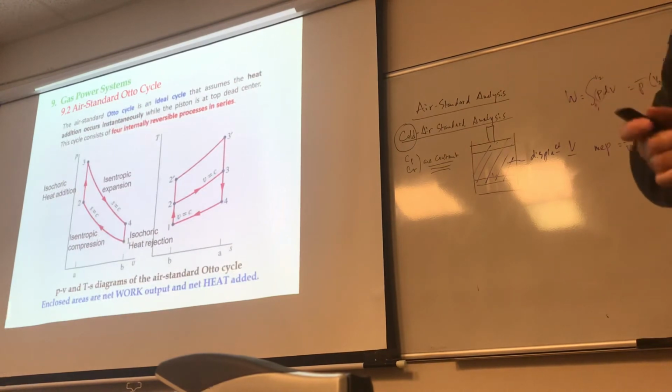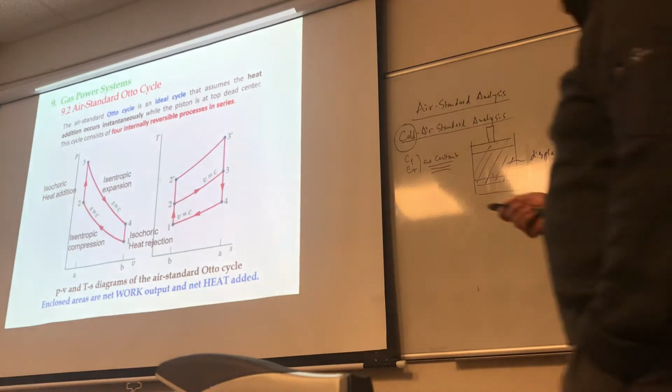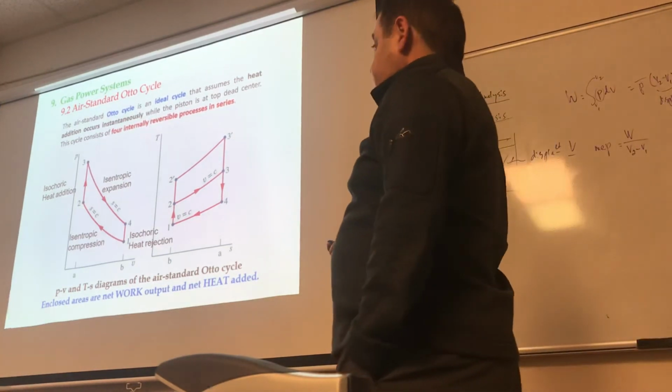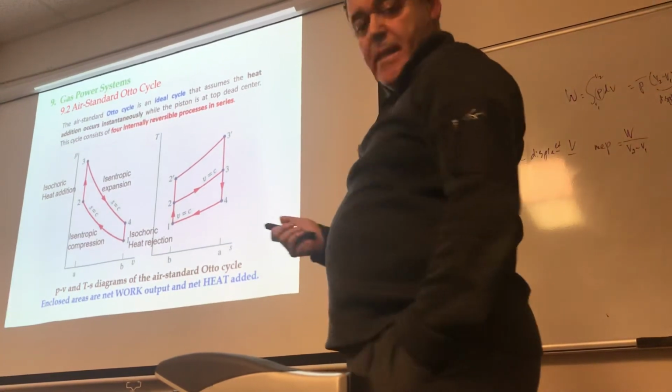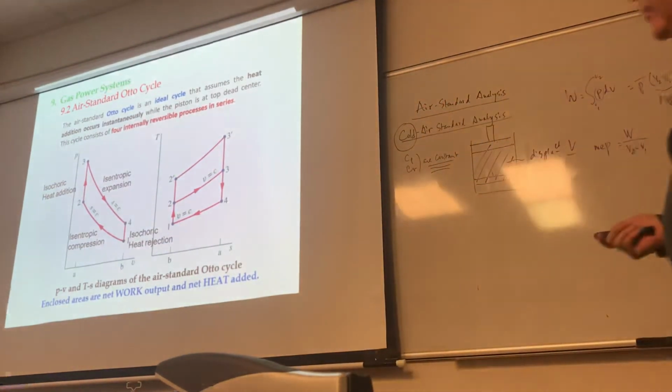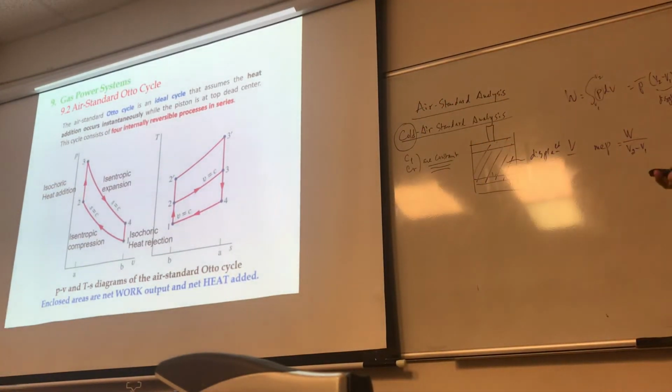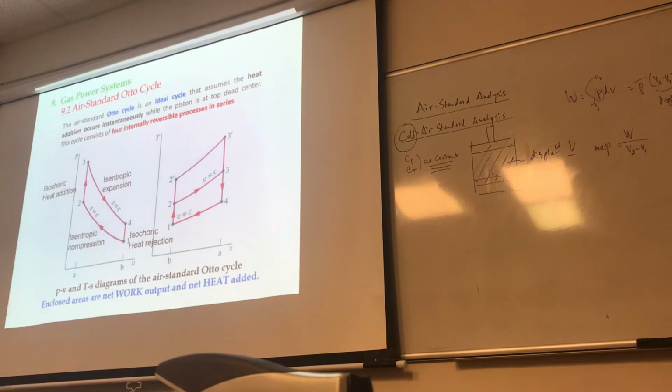Okay, now, move on to section number 2, in which we look at the air standard Otto cycle. Okay, this is our thing for this chapter, right? One of the first standards that we're going to be learning. The air standard Otto cycle is an ideal cycle.